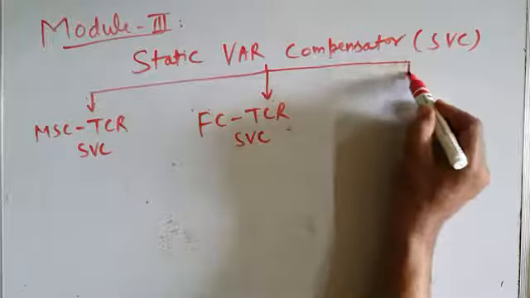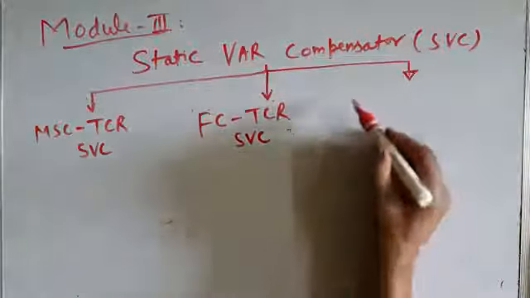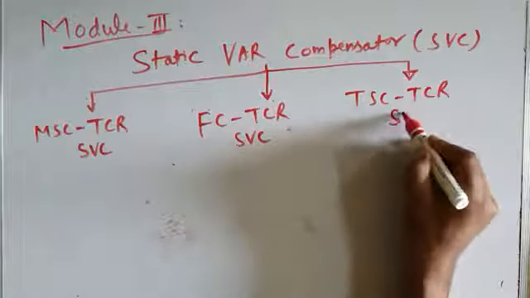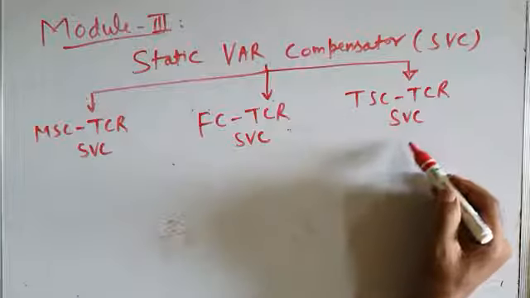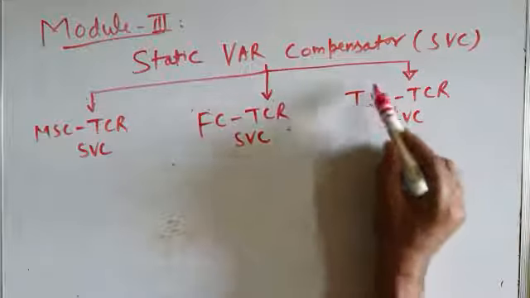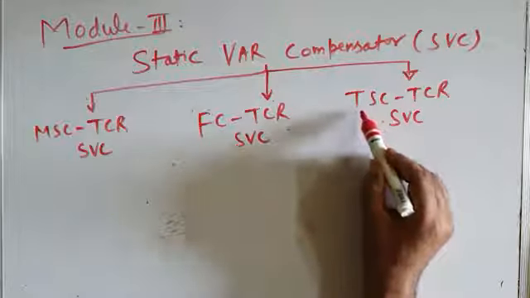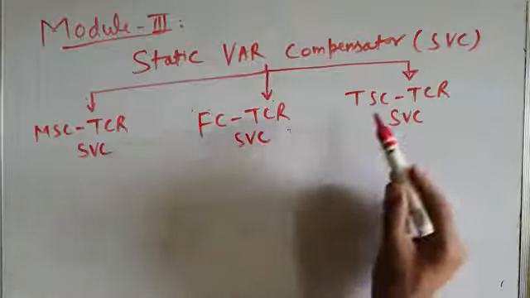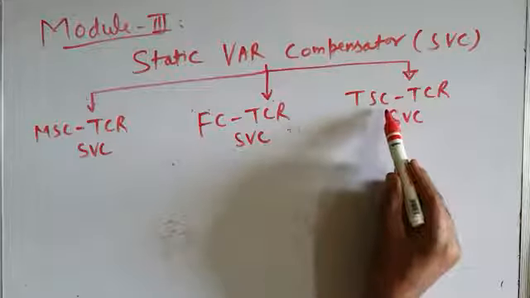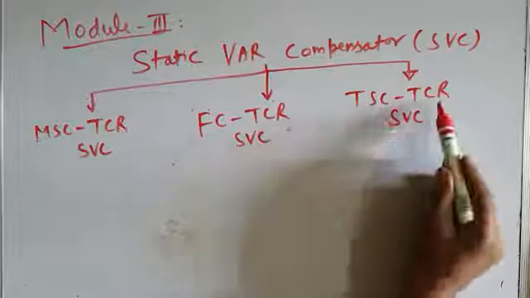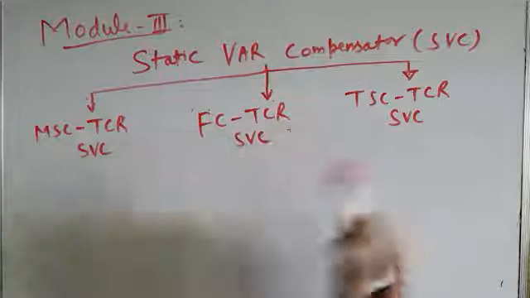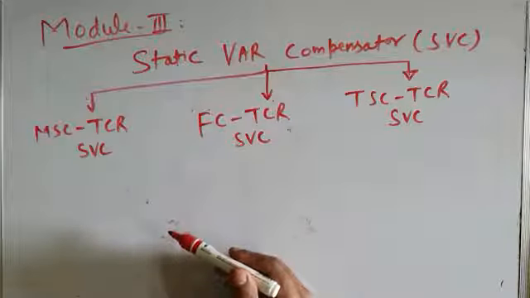And third and the most important type of SVC is the TSC, TCR type SVC. In TSC, TCR type SVC, the capacitor bank is electronically switched. Instead of using a mechanically switched capacitor bank or a fixed capacitor bank, we are using a thyristor switched capacitor bank, TSC. So these are three main types of static VAR compensator, SVC.